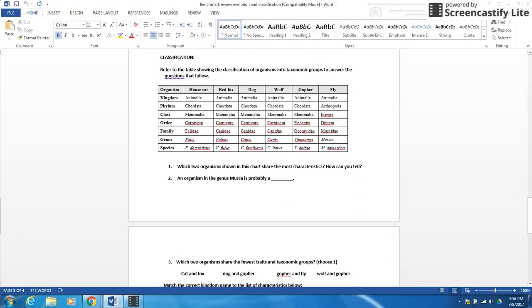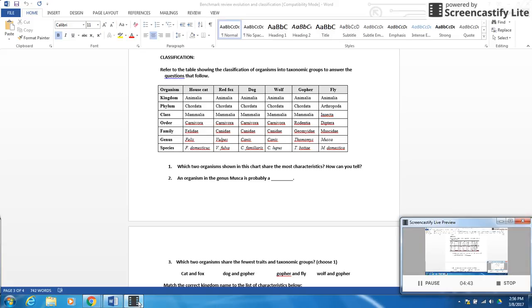All right, here's another one that's kind of giving y'all some problems. Which 2 organisms shown in the chart share the most common characteristics, and how can you tell? Best way to do this, go through your chart. All these are animals, so it can't be that. All these are chordata except for that one, so the fly is out. All these are mammals except for the fly still.